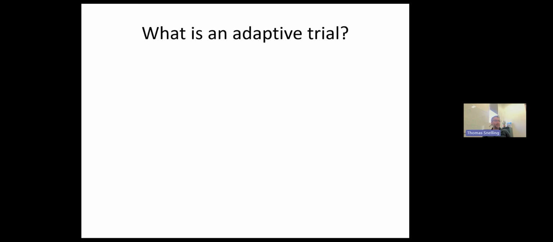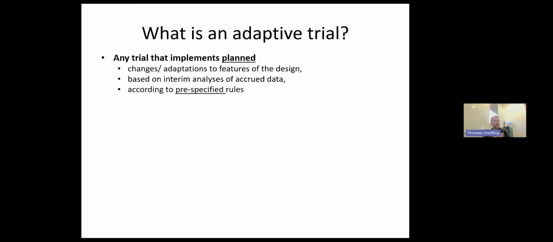I know many of you will know a lot about adaptive trials already, but for the benefit of those who are not sure exactly what we're talking about, essentially an adaptive trial is any trial that implements planned changes or adaptations to features of the design based on interim analyses of accrued data according to pre-specified rules. And the important word here is planned.